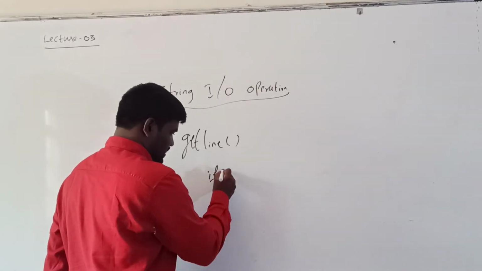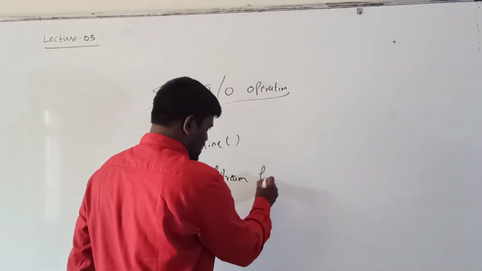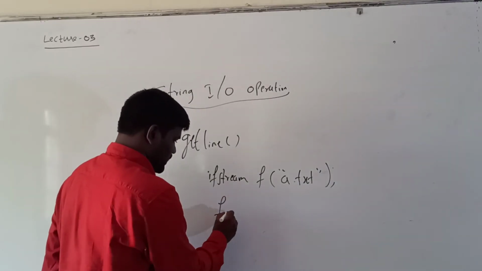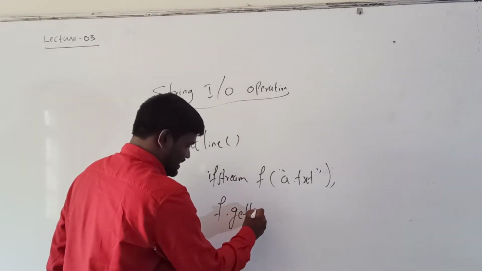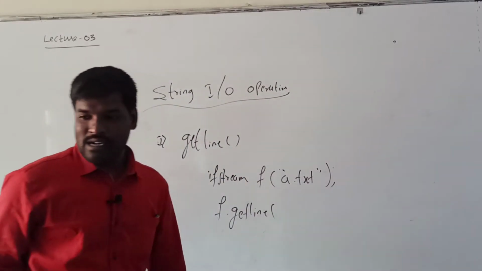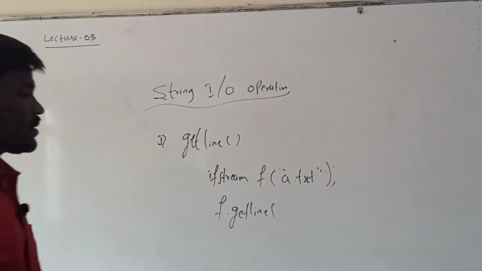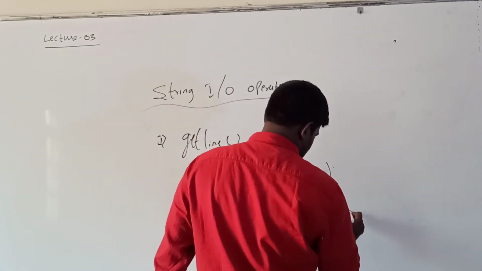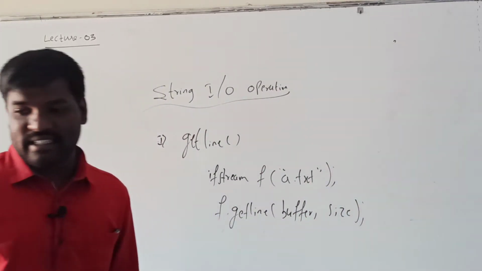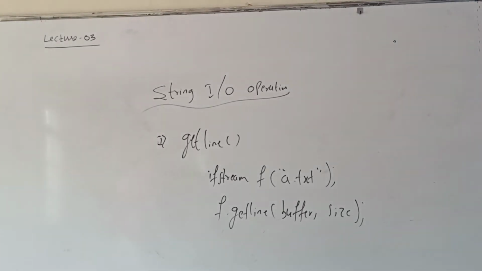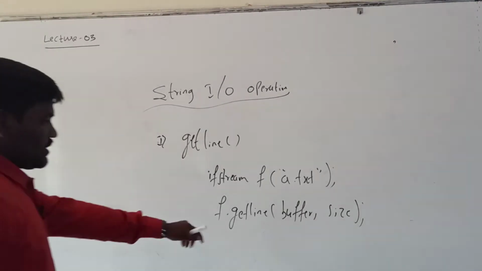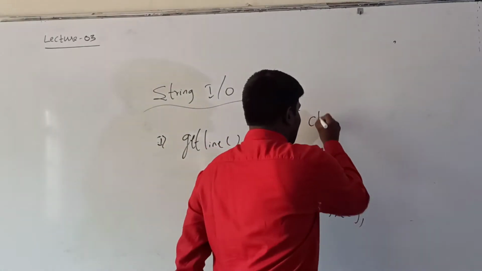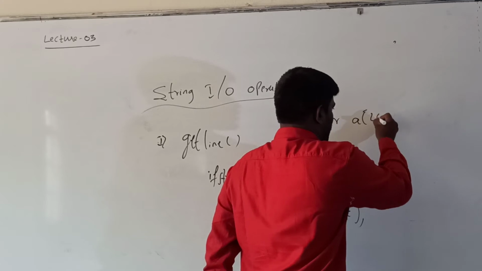first we create the ifstream f in the bracket of a.txt. Next is f dot getLine in the bracket, where we have to mention buffer comma size. Here buffer indicates the name of the variable. For example, I can declare char a[20].